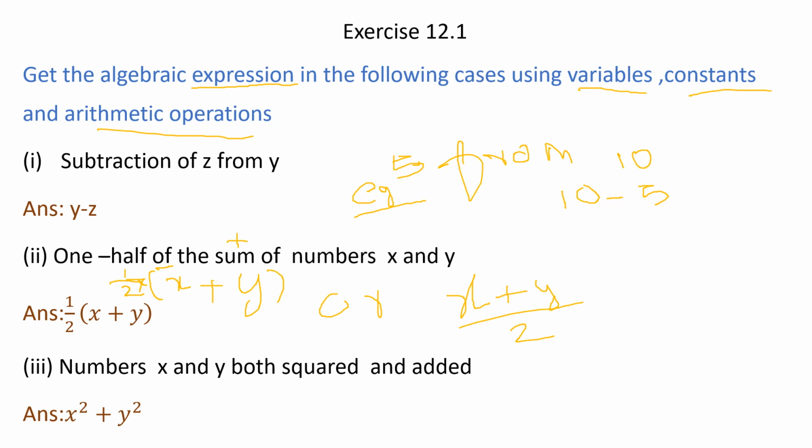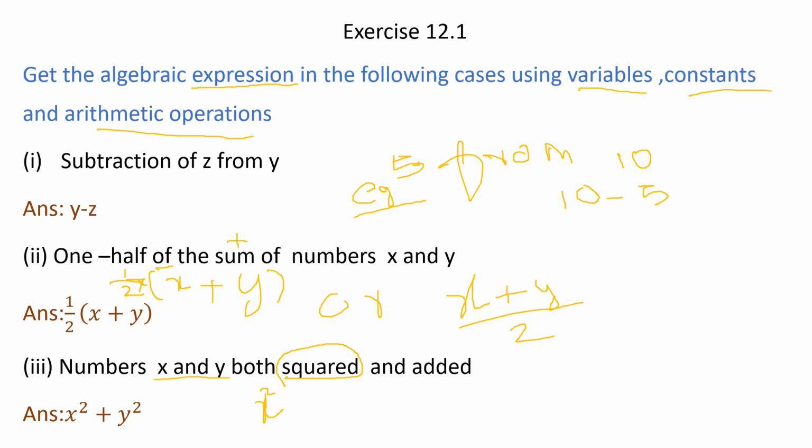Okay. Next one, numbers x and y both squared and added. So we want to add x and y but both should be squared. This term is important. Squared means what? X square, x into x. That's the meaning.